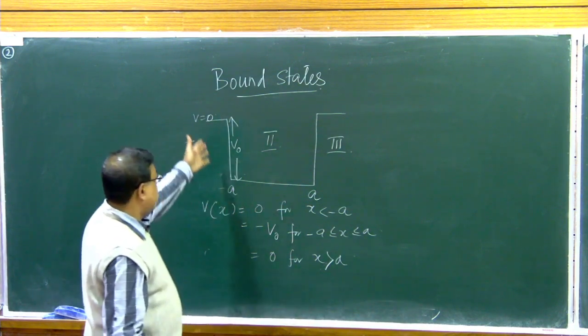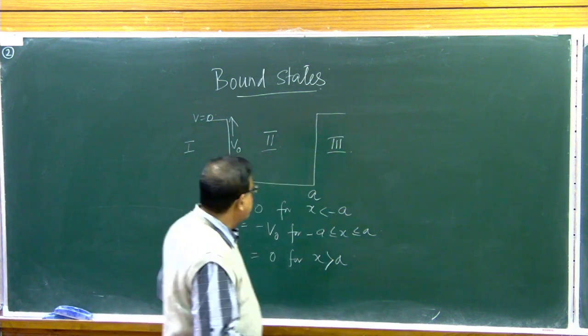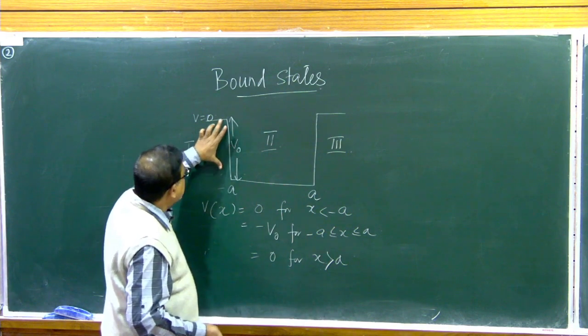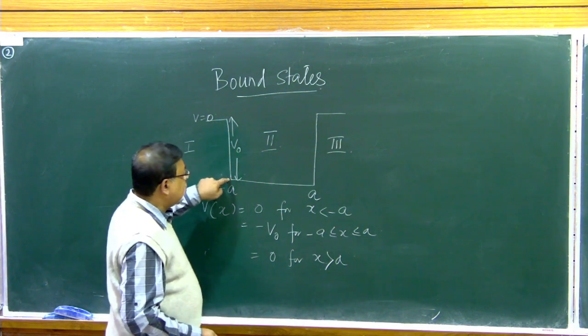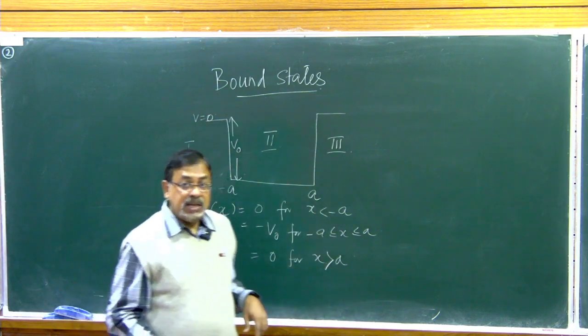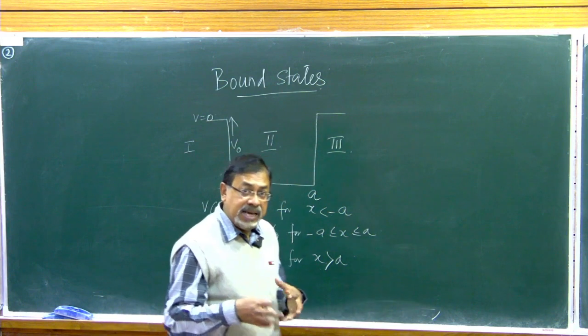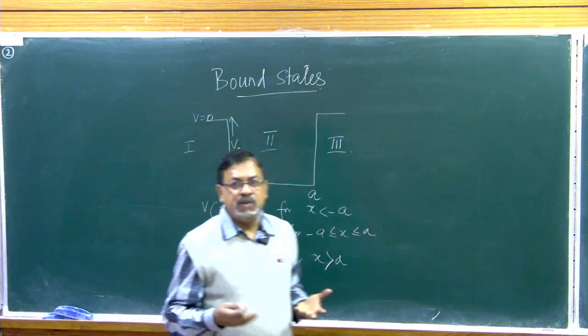It is a constant potential, it does not vary. So this V naught is constant, so there is a sudden discontinuity at x equal to minus A and x equal to plus A. We are not saying the particle is inside; we are just talking about the energy of the particle.